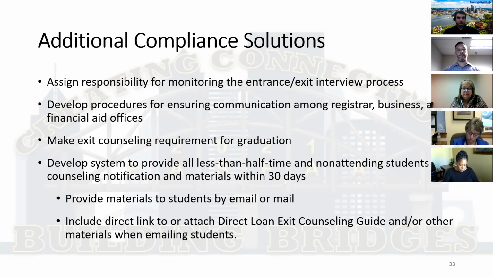And then, like I said before, including that direct link. You don't want them to have to go to your webpage, to click to another webpage to find what it is that they need. It needs to be simple and direct for the student to get to where they need to go, if you're using studentloans.gov, or if they're coming into your office, making sure that they understand exactly what they need to do.